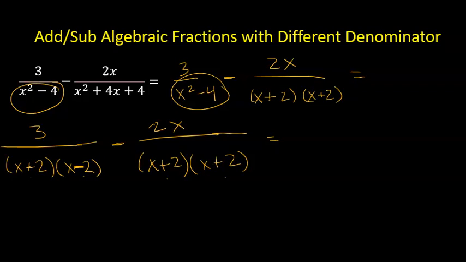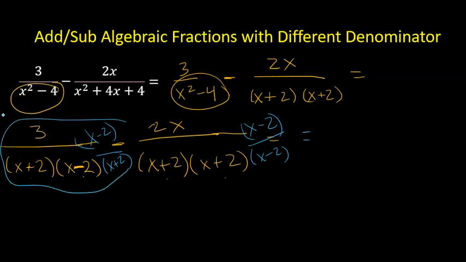That means I'm going to add, let me see if I can change the color, an x plus 2 here. I'm going to add an x minus 2 here. Whatever I do to the bottom, I gotta do to the top. It's kind of getting wacky, isn't it? So this is all 1 now. And then this is all another with a minus sign.